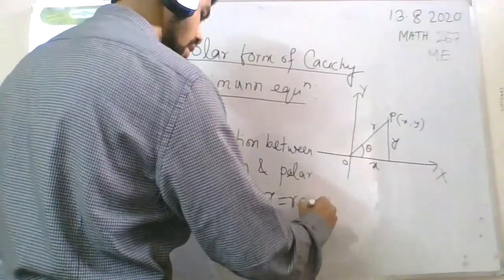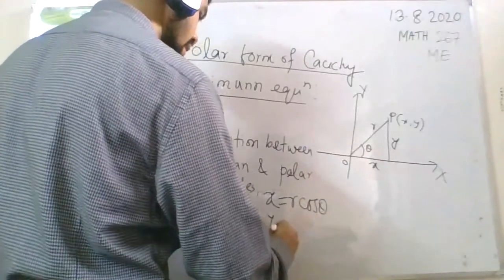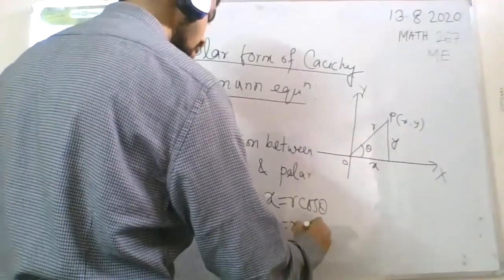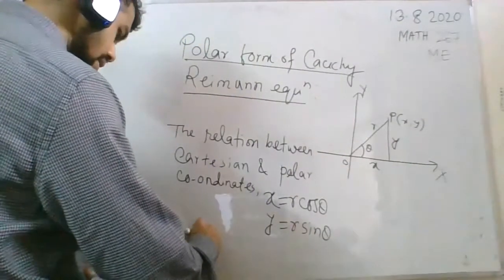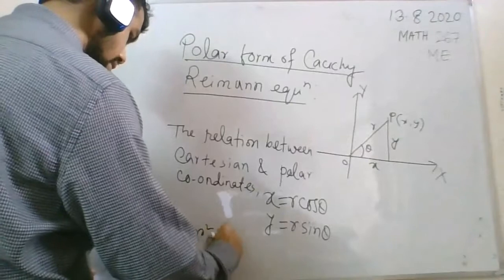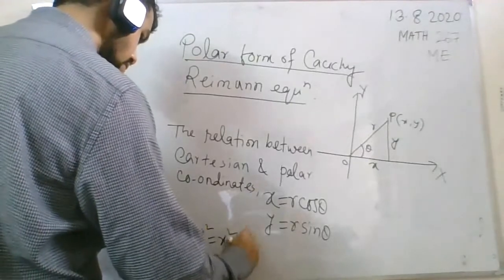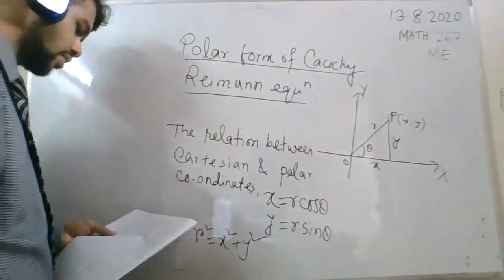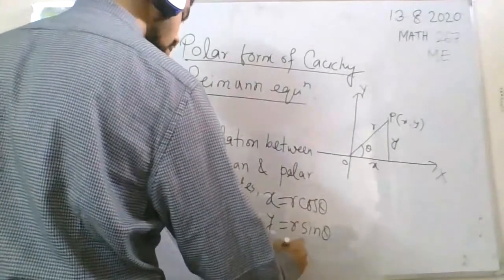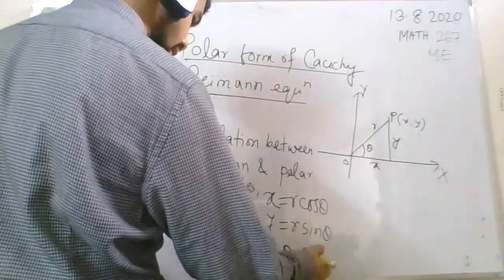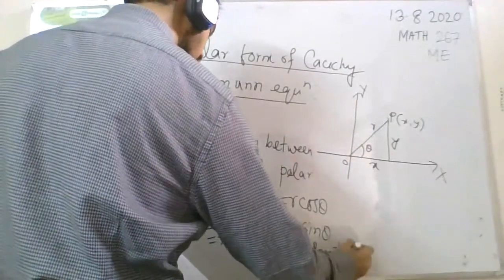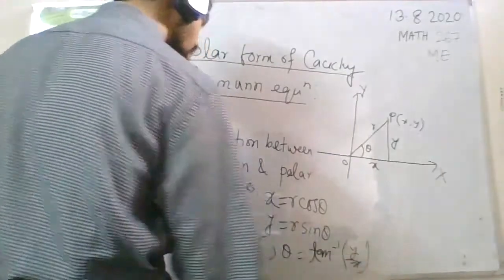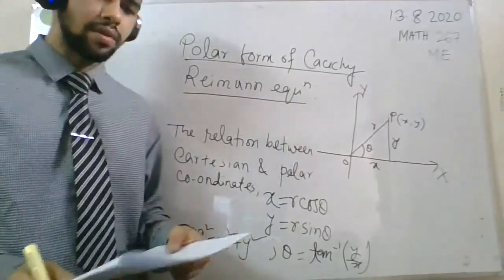And you can also say that r square equals x square plus y square, and the angle theta equals tan inverse y by x. Okay, all of you know about this.